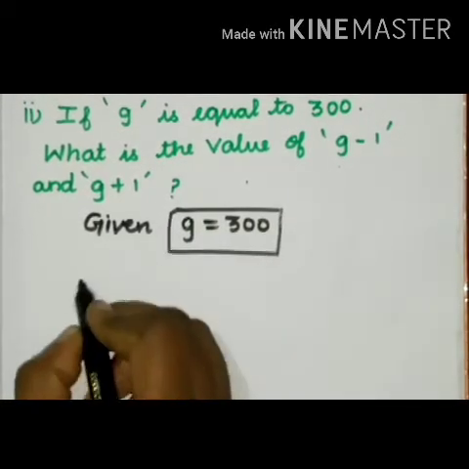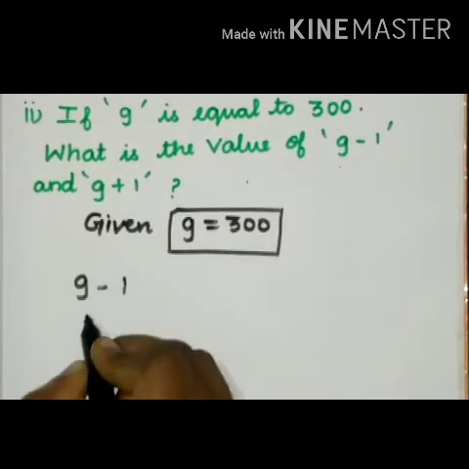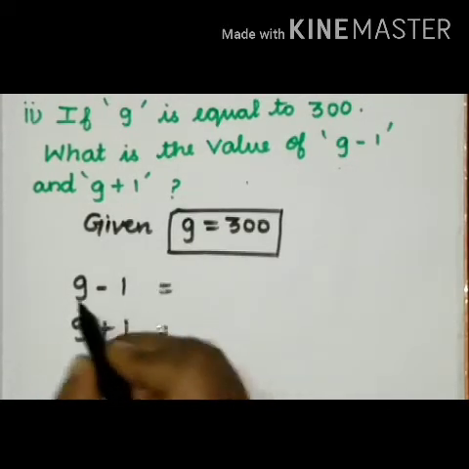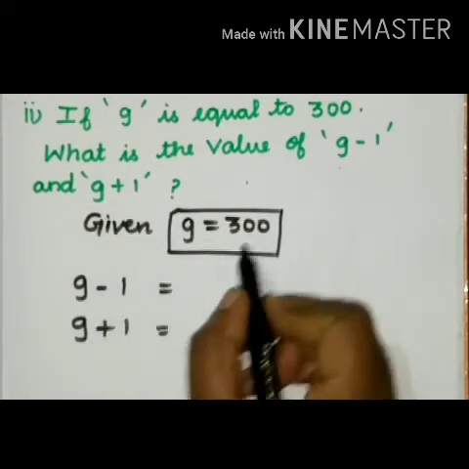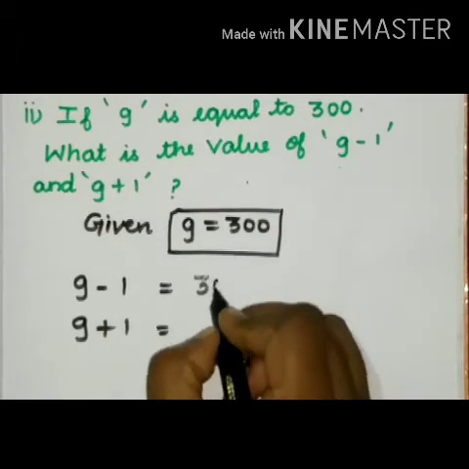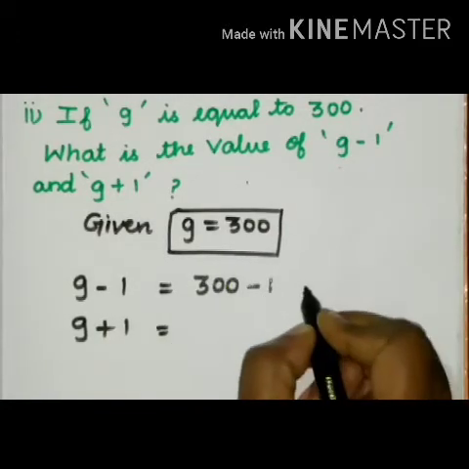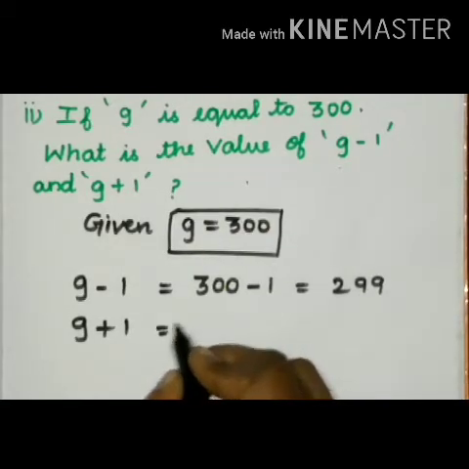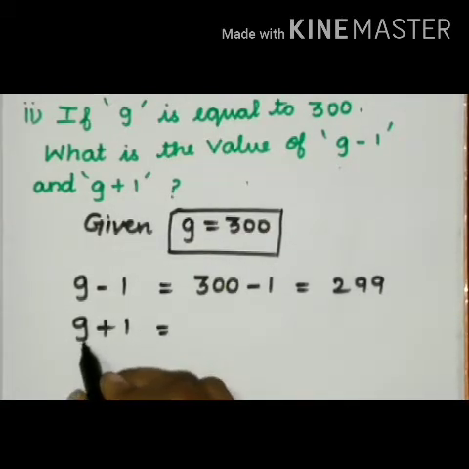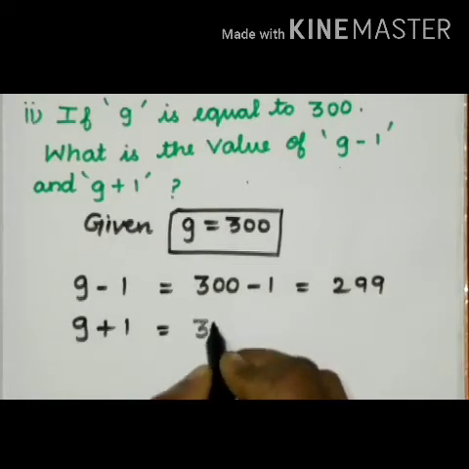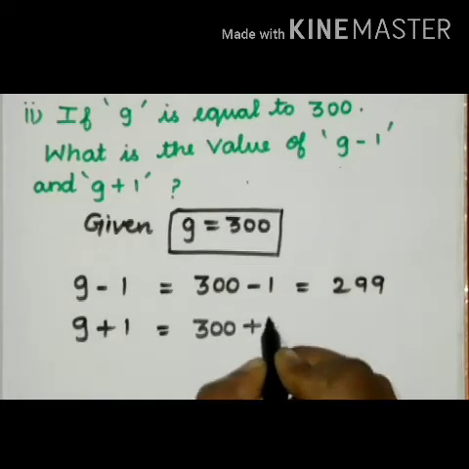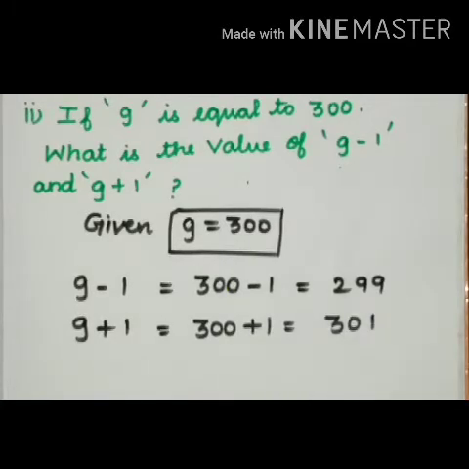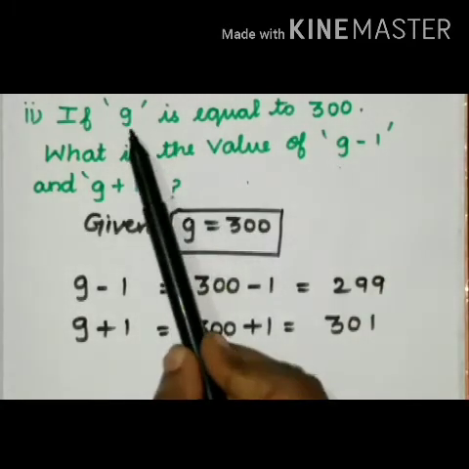You have to find g minus 1 and g plus 1. What is the value of g? 300. 300 minus 1 is 299. Then g plus 1. G value is 300. Then plus 1 is 301.